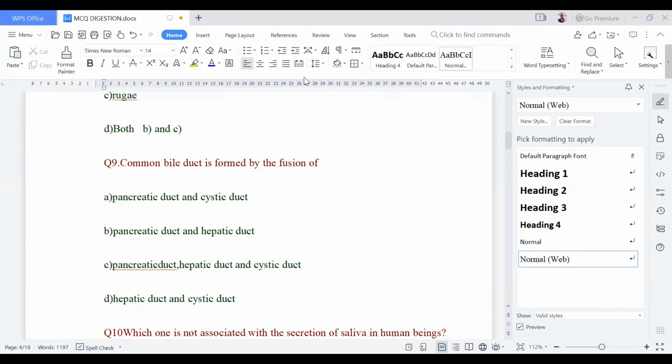Janvi has option C. Tasmiya option C. Madhu option D. Dhairesh option C. So the ninth question answer is option D, that is hepatic duct and the cystic duct. Hepatic duct means the duct from the liver, and cystic duct. So when both mix, they will form the bile duct.